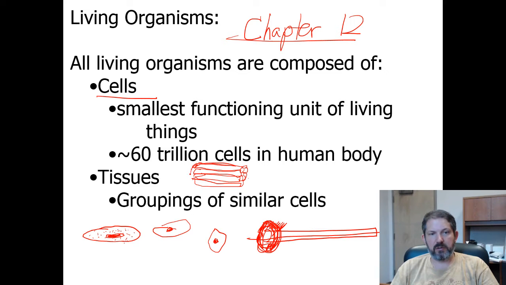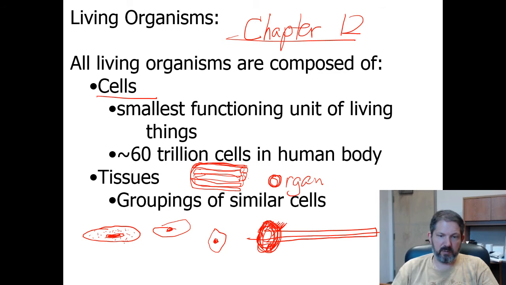The whole muscle will be bound together with some sort of epithelial tissue. You'll have blood vessels going there, which has connective tissues. And so you'll have more than just one tissue type working together. And in that case, it becomes an organ. So groups of different tissues working together for a common purpose, that would be an organ.